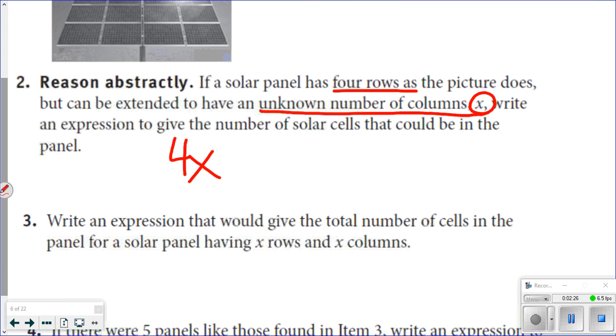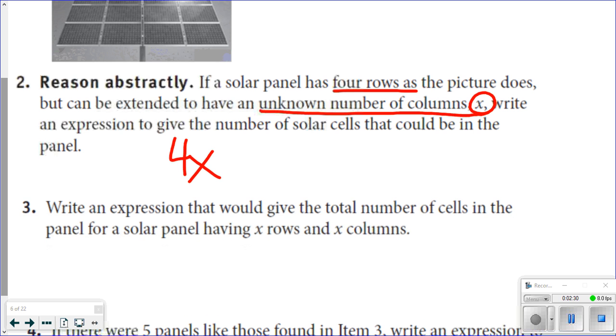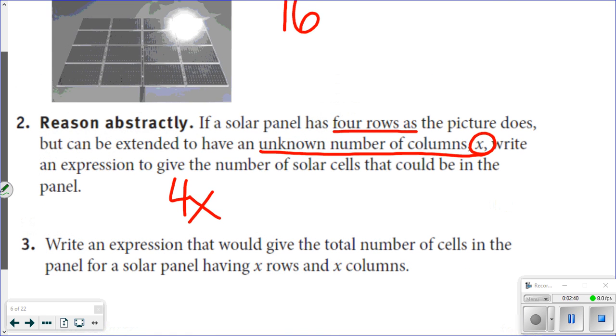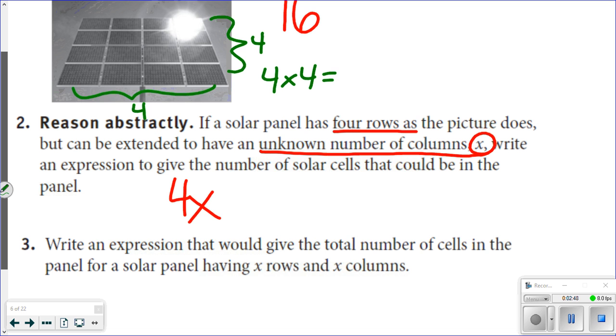Number 3 says, write an expression that would give the total number of cells in the panel for a solar panel having x rows and x columns. Well, just like above, I counted that this was 4 and this was also 4, and I did 4 times 4 and got 16.